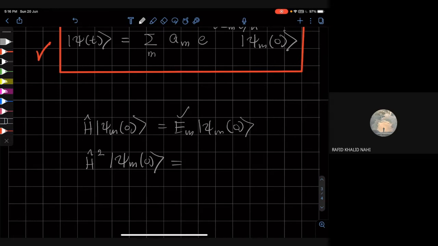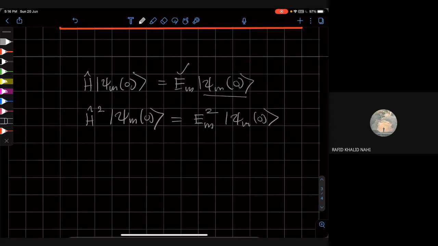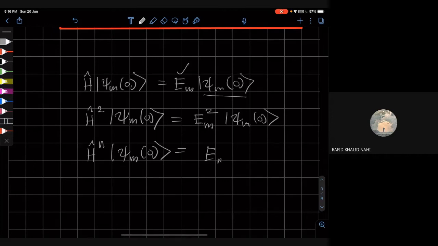So H will act on this thing again and give me another factor of E. So on the right-hand side, I will get E_m squared. In other words, for any integer value power of H, I can write this. Do you agree?